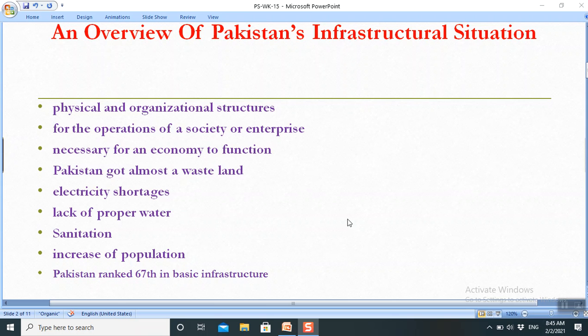For example, the areas of KPK, Balochistan, Sindh, and Gilgit Baltistan, and all other areas. Here, the British faced a crucial fight. The freedom fighters never subdued to the British slavery. That's why the British didn't develop infrastructure.